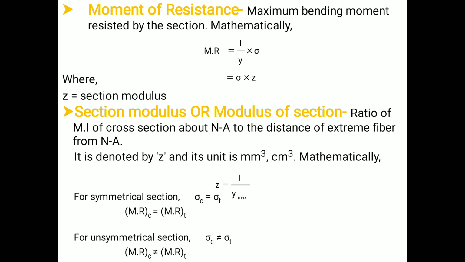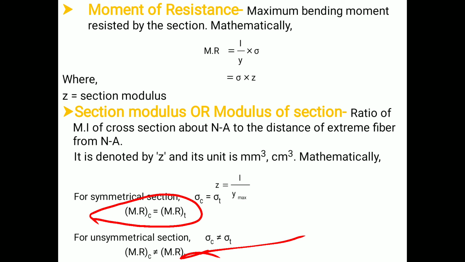For a symmetrical section, such as a rectangular section or I section, the moment of resistance in compression is equal to the moment of resistance in tension, because it is symmetrical about the xx axis. But for an unsymmetrical section, such as a T section or L section, the moment of resistance in compression is not equal to that in tension.